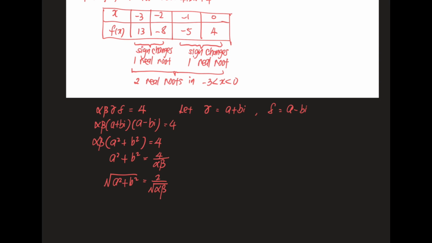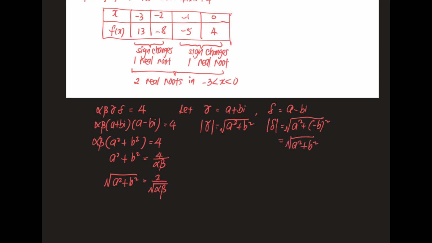And we have to know that our complex number gamma is a plus bi. So if I find the modulus of this complex number, basically I have to put it in this way. Likewise, to find the modulus of delta, it is the square root of a squared plus negative b squared, which is the square root of a squared plus b squared.